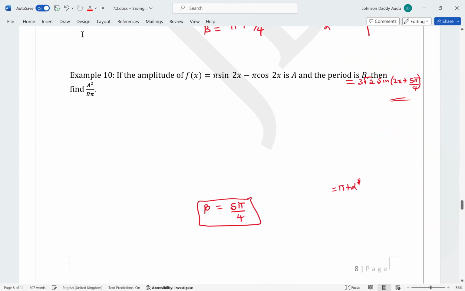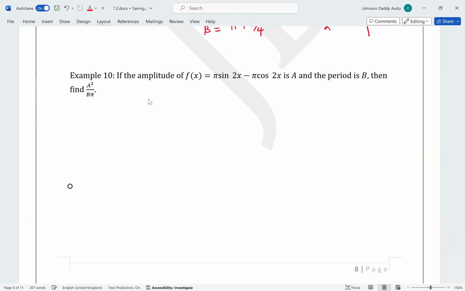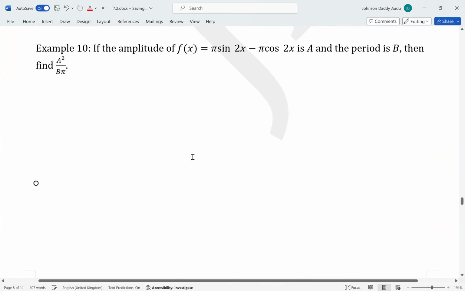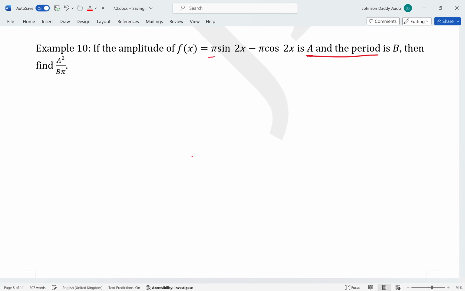All right, so let's take one more and the final example here, example 10. Example 10 is similar to this. Here we are looking for A. A is the amplitude and B is the period.